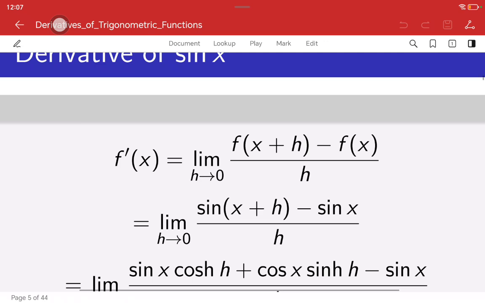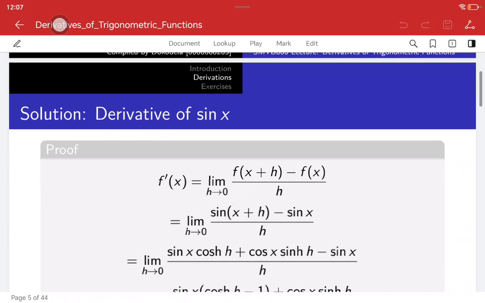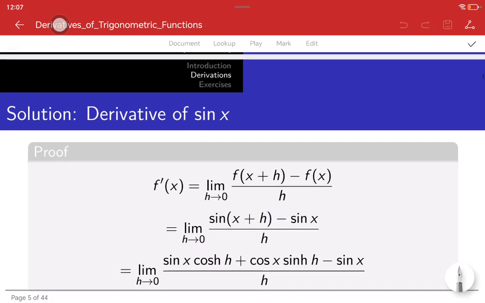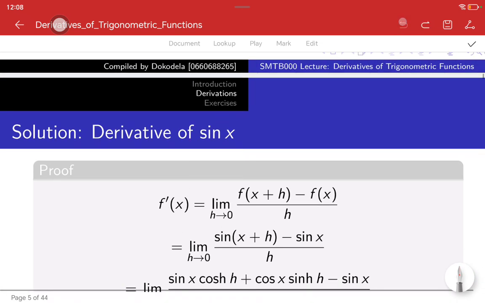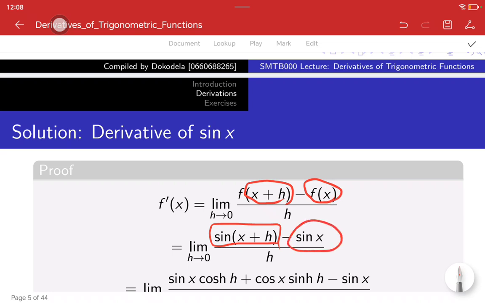f prime of x is equal to the limit as h approaches 0 of f of x plus h minus f of x all over h, right? Since we're given sine of x, wherever you see x, you're going to substitute x plus h. That's why here we have sine of x plus h, and the function remains the same here, minus sine of x.